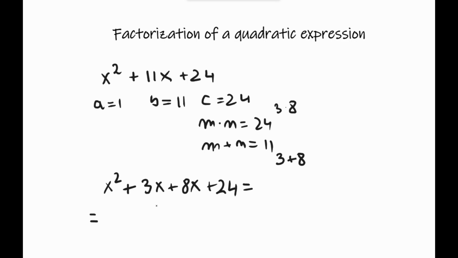In the first two terms, we make x as common factor, and in the last two terms we have common factor 8, and we will have 8 times x plus 3.